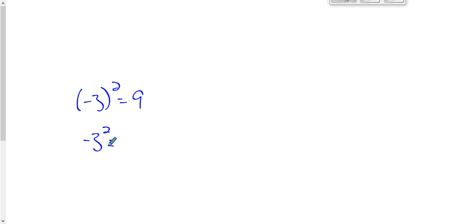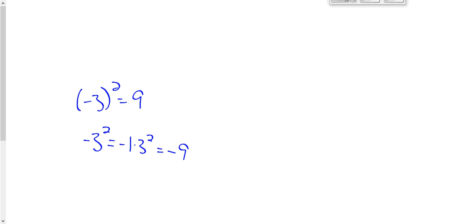The negative's not getting squared. Think of it this way: in front of every number, you can think of it being multiplied by 1. That negative sign does not get squared. So it's 3 squared, and then you multiply by negative 1, you get negative 9.